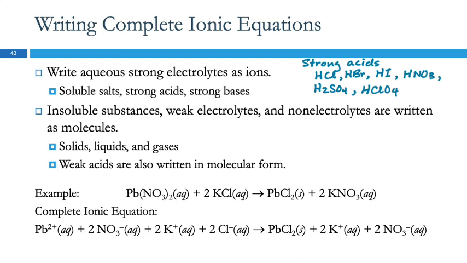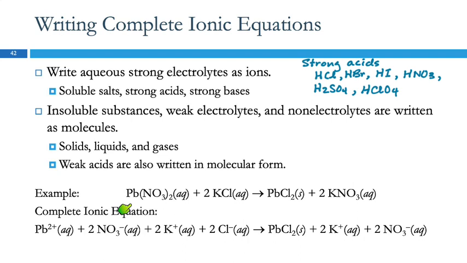So, as an example here, we're looking at lead nitrate reacting with potassium chloride to form lead chloride and potassium nitrate. So we're looking at everything that has aq as a state symbol. Those might be separated into ions.